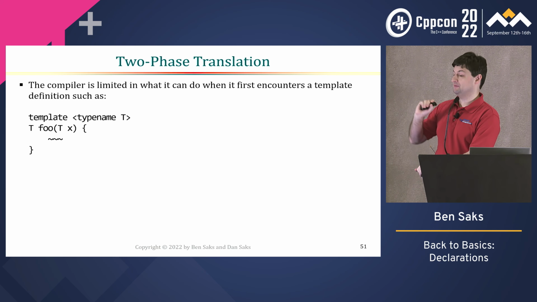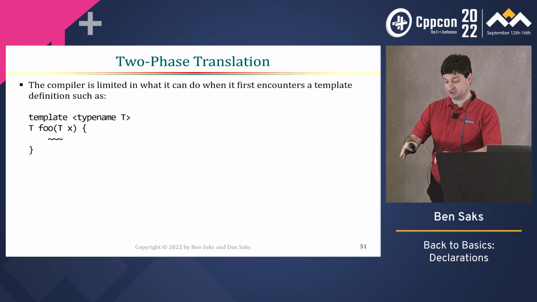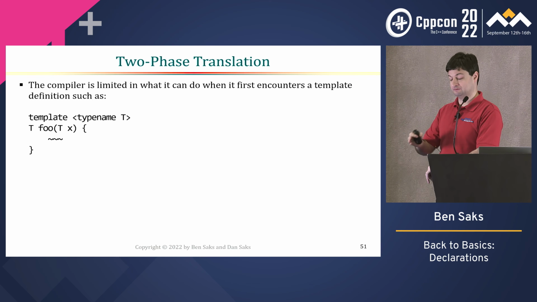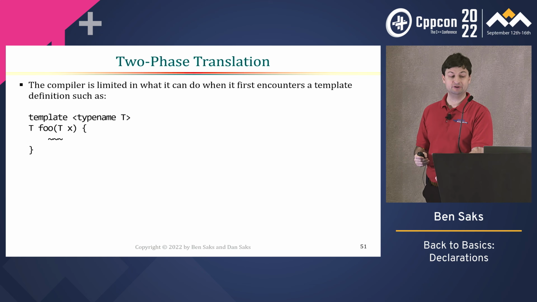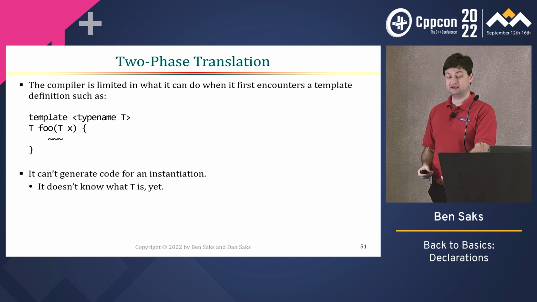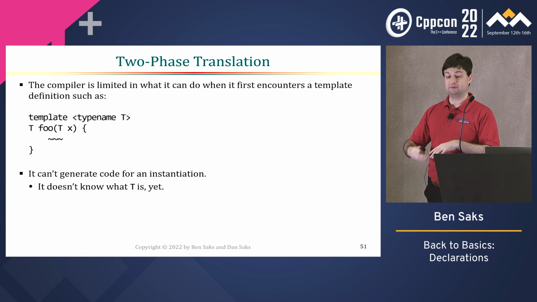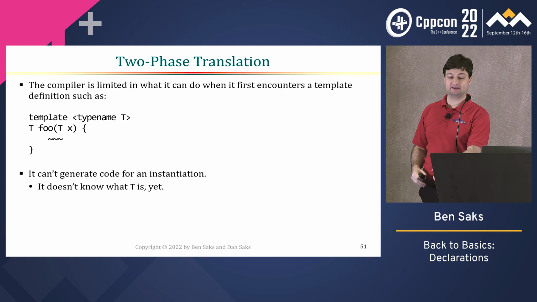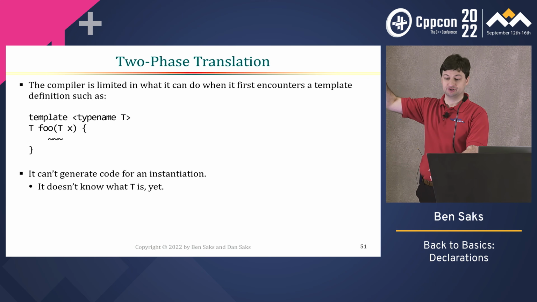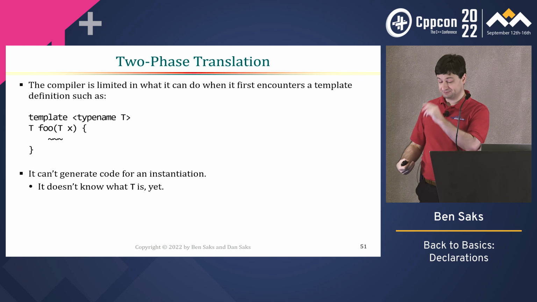The very first time that the compiler sees a template like this, when it's just encountering the declaration of, here we have a function template, it doesn't know what T is going to be yet. In fact, if we've written this as a function template, probably it's because T is going to be several different things, and we expect to have several different versions of this function generated from the template throughout the program.